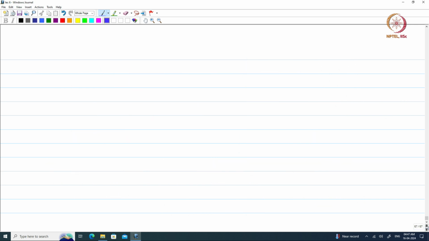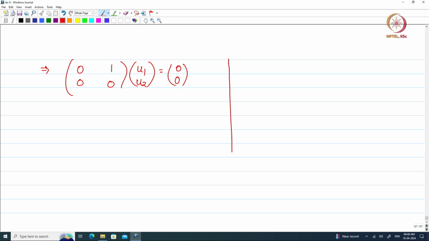Here we see that the first equation, 0 u1 plus u2 is equal to 0, which implies u2 is definitely 0, and since 0 u1 is equal to 0, u1 can take any value.